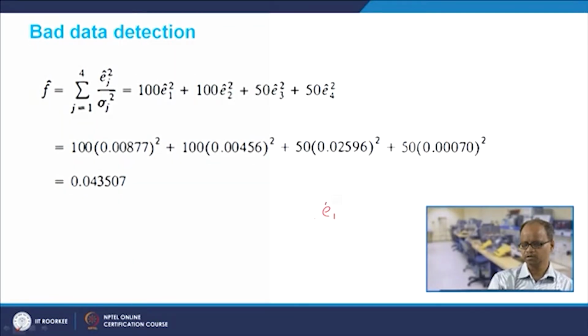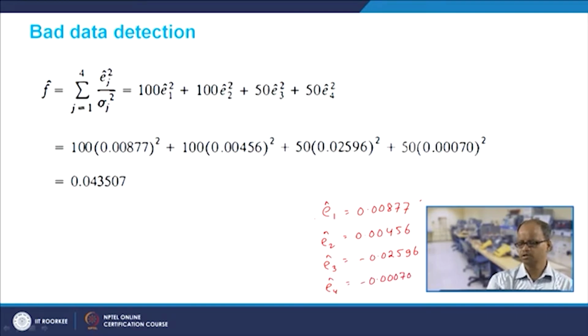E1 hat is equal to 0.00877, E2 hat was 0.00456, E3 hat was minus 0.02596, and E4 hat was minus 0.00070.